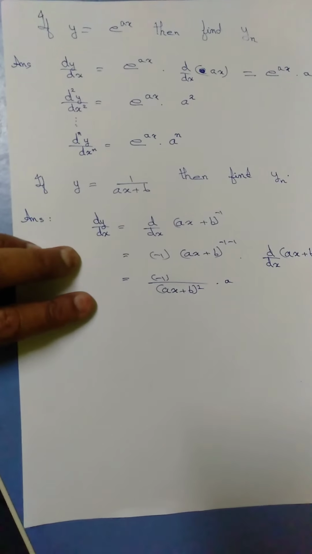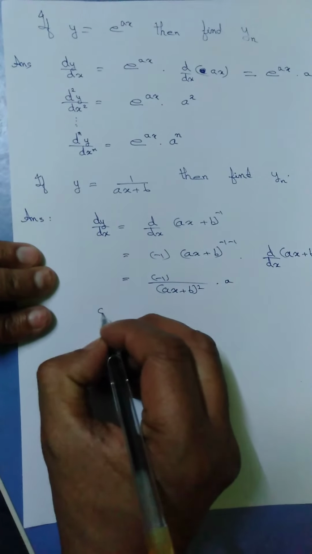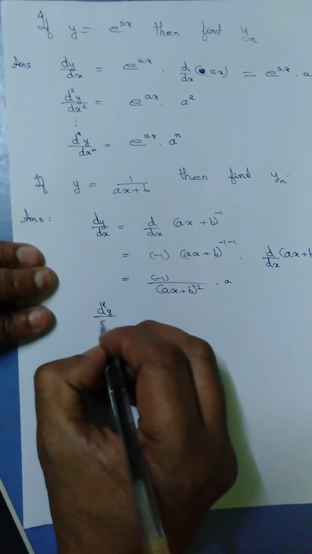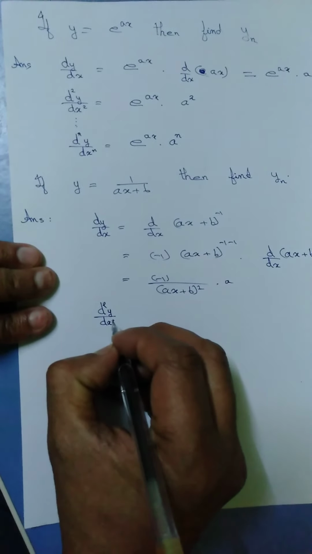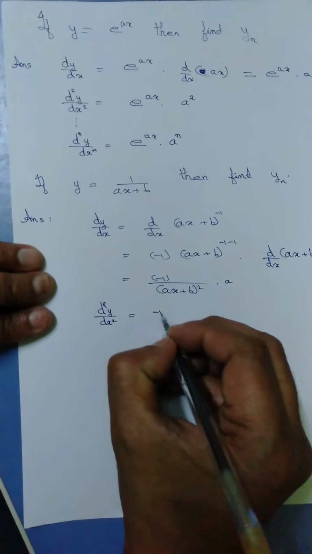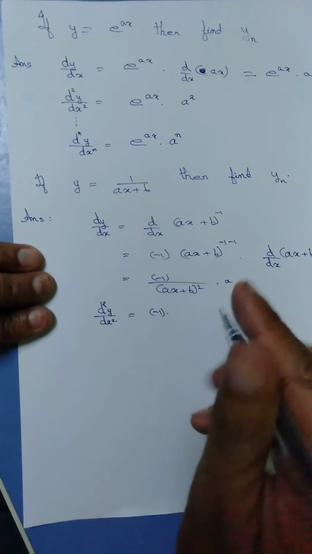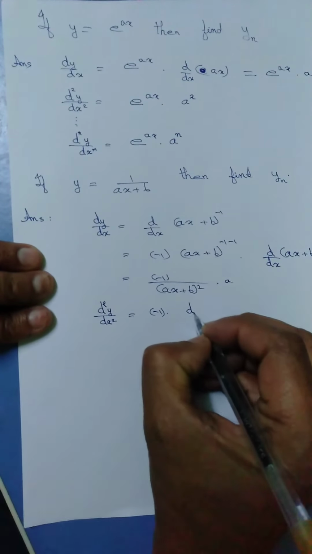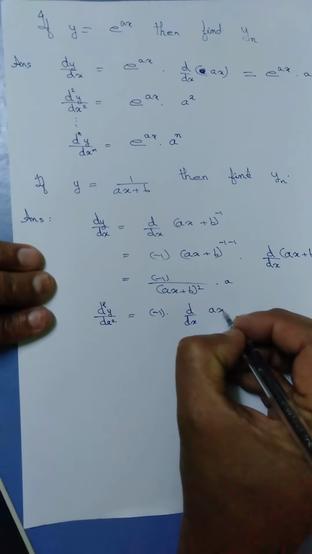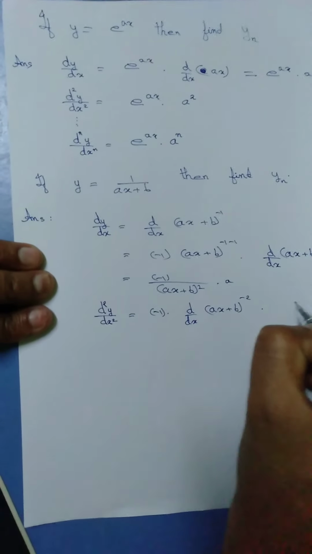Okay, that gives the first derivative. What about the second derivative? Minus 1 into d dx of ax plus b to the power minus 2 into a.